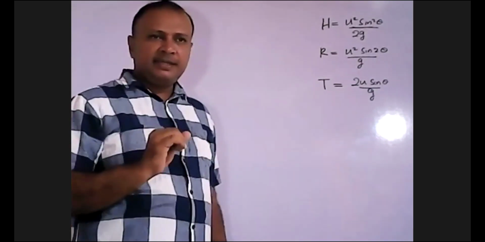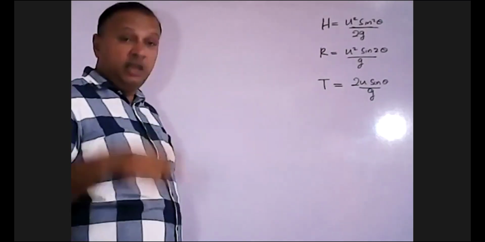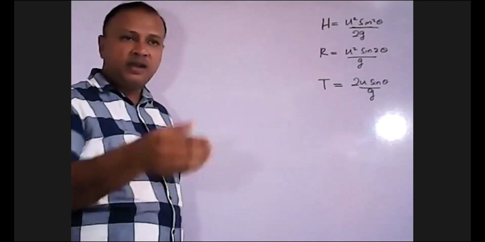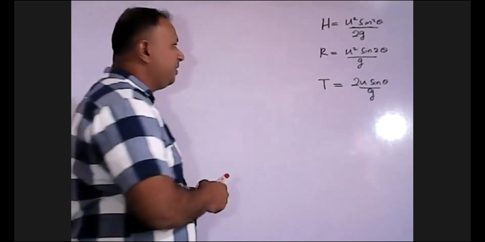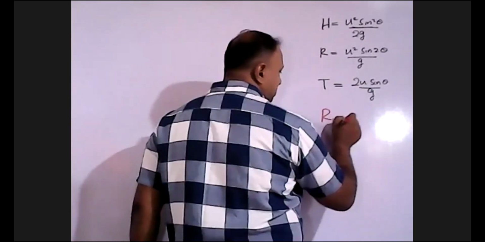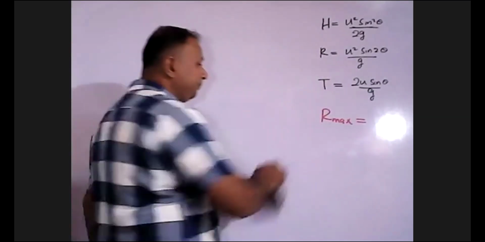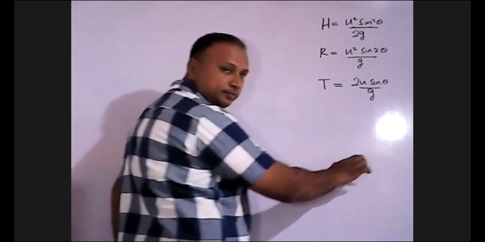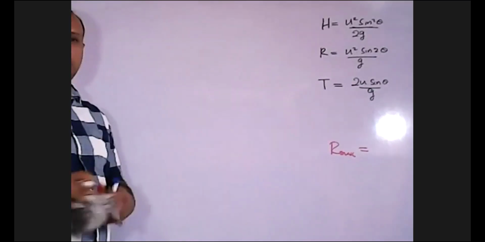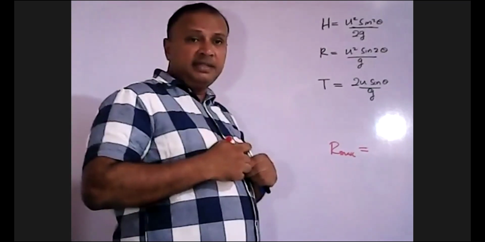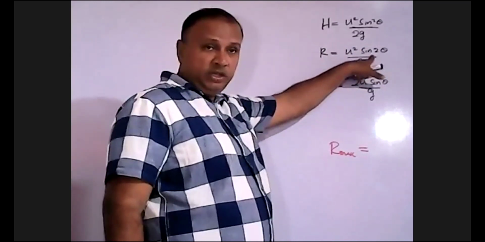Then we have discussed the maximum range and the angle of projection when there is the maximum range. So how to find the maximum range? The maximum range is equal to u squared over g, because range depends on sin 2 theta only.